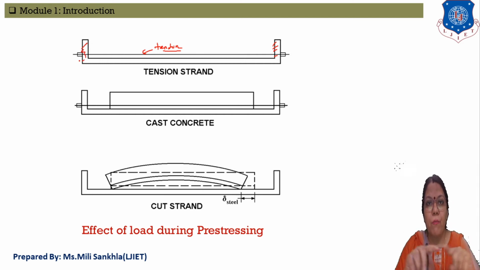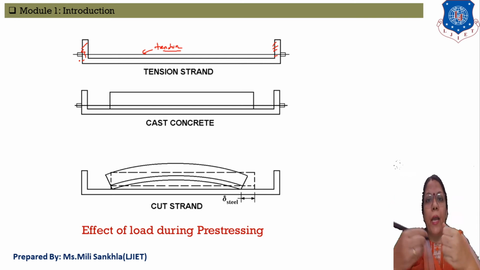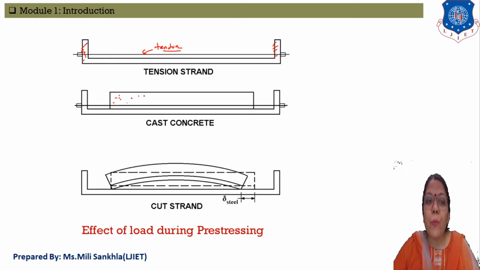First the bed is provided, then the tendons are fixed with the anchorage and in stretching condition. We provide tension in the tendons. Then what will happen next? Concrete is poured into this beam, and after pouring, the concrete tries to harden.